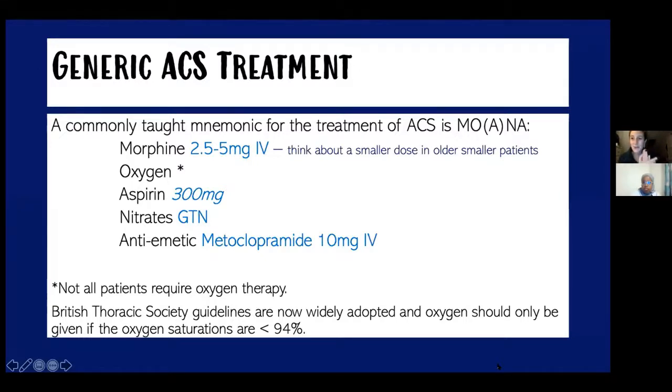That is what you're going to do straight away. Your heparin is like the minute stuff afterwards, and it will depend on what they're given by which doctor. Some people would give heparin, some people would get low molecular weight, some people would get fondaparinux. It's all personal preference and based on the clinical picture. But the thing that will be the same for every person is morphine, oxygen, aspirin, nitrates, antiemetics. So if you're going to take anything away, take that bit.